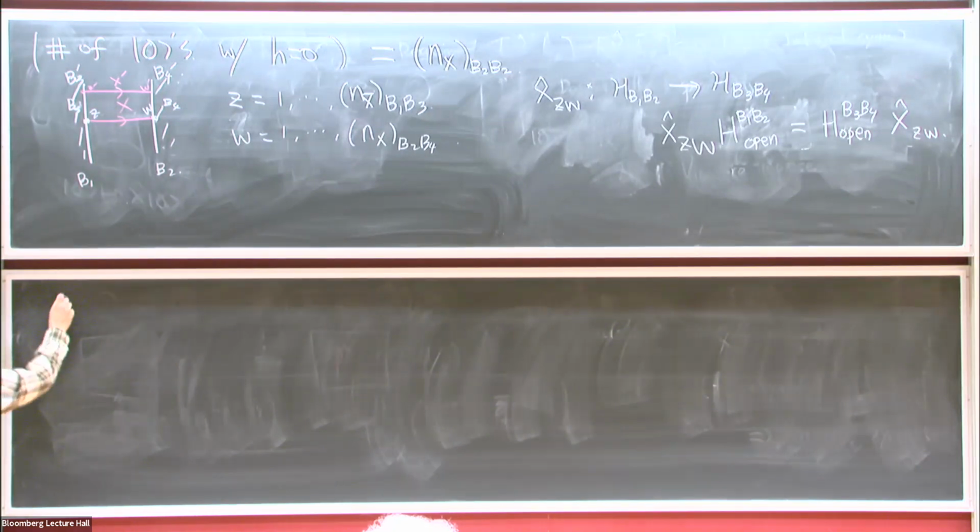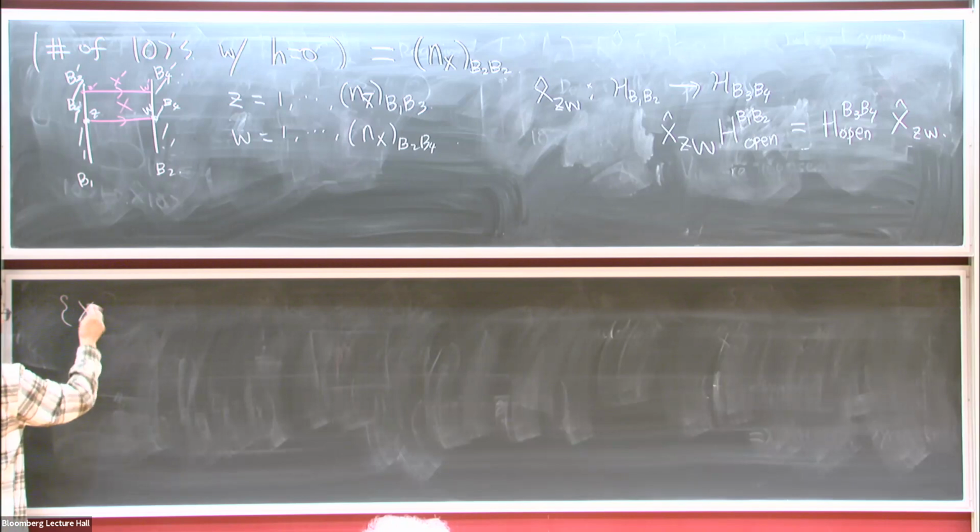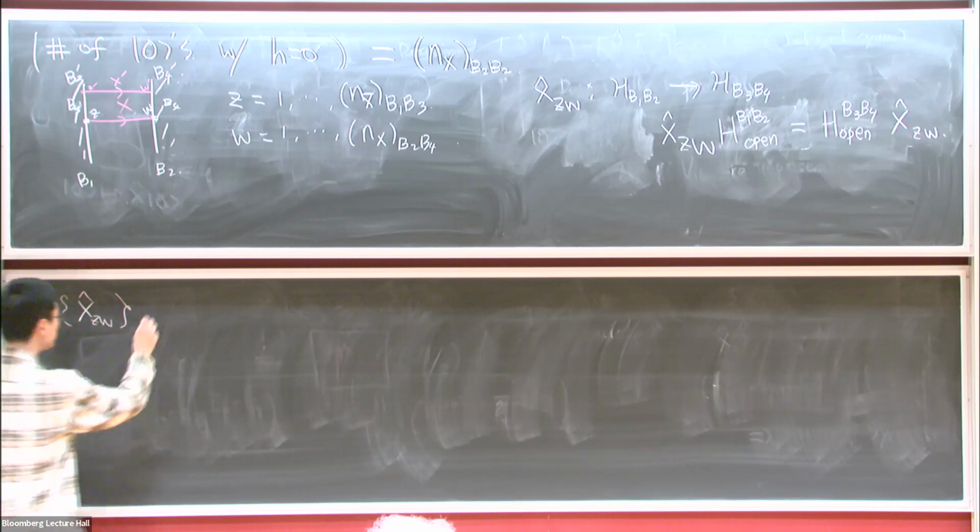What I'm going to do is consider a collection of all such operators. In this set, you have a notion of multiplication. You have a lot more structure, but I'm going to explain. So this forms an algebra.